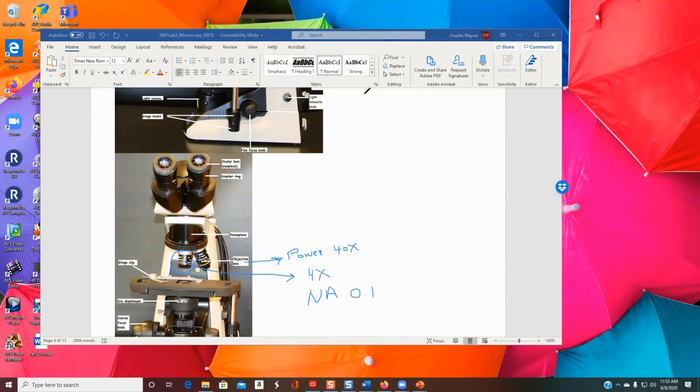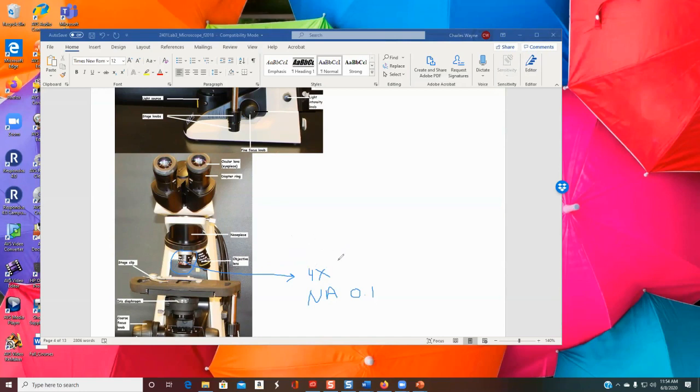And I'm going to get rid of this other one. So we're going to work with this lens. This is the shortest lens. It's the one with the red band. And that's true for most microscopes. The red banded lens is the lowest power lens.